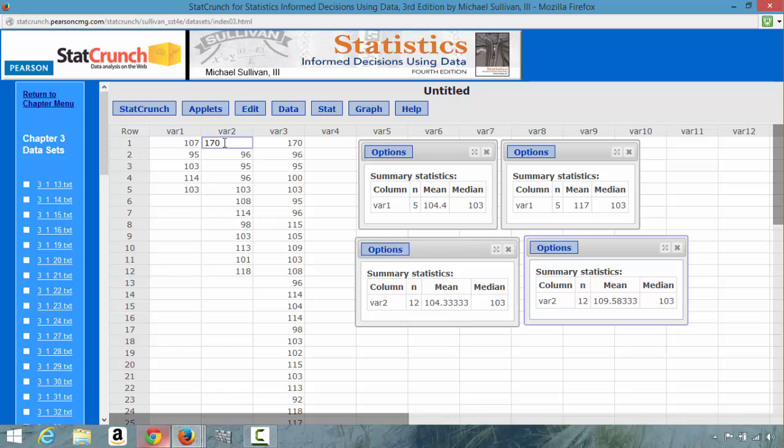When you put in 107, you recorded it. Maybe you were thinking about something else, and the data value that you were supposed to record as 107, you recorded it as 170.